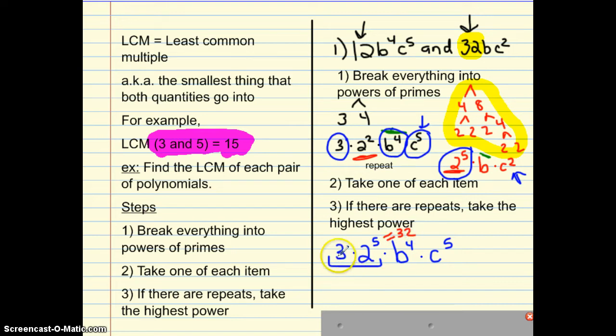So I will have 3 times 32, 96, b to the 4th, c to the 5th. And that will be my final answer, because 12b to the 4th, c to the 5th will fit in, and 32bc squared will also fit into this.